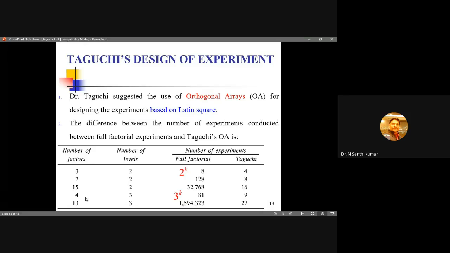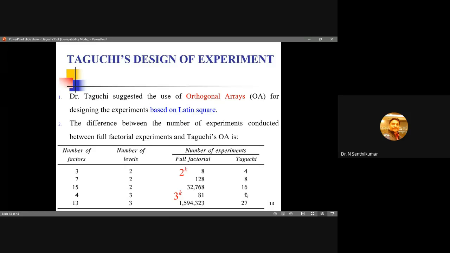Similarly, 3 power 4: 3 into 3 is 9, 9 into 3 is 27, 27 into 3 is 81 experiments. But in the case of Taguchi, it is just 9. So 72 experiments are reduced, but whatever effect we get, the same effect we can get. In the worst case, instead of L9, we can go with the L27 orthogonal array.